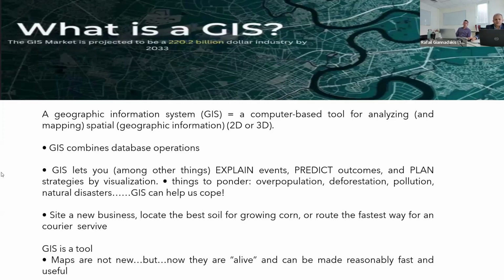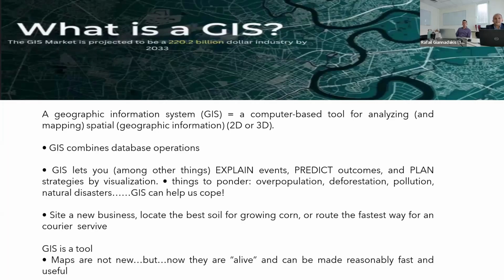Also, GIS systems offer us the possibility of 2-dimensional or 3-dimensional mapping of spatial data. Especially, I can tell you that GIS combines database operations. What do I mean by that?